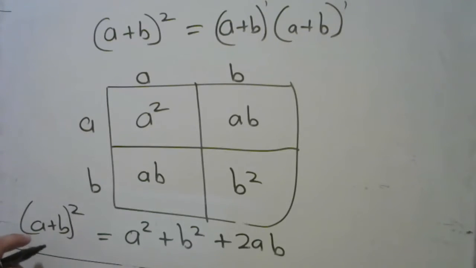This idea is used a lot to expand some very complex stuff or to reduce some very complex stuff. Because this A can become another expression. This B can be another expression.